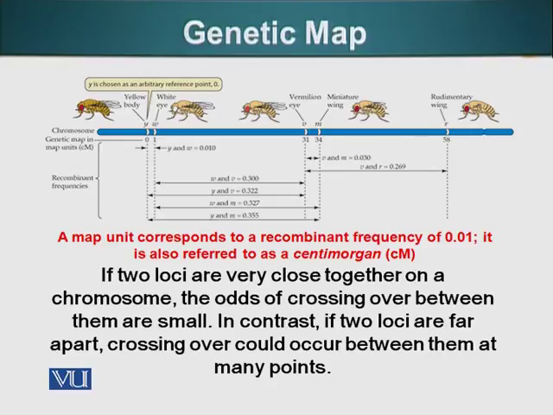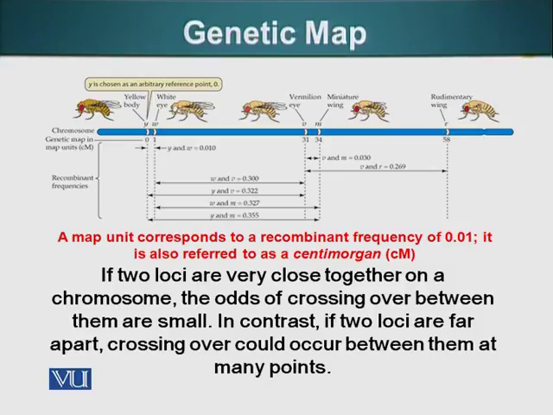We can have units for recombination frequency. We can convert this frequency into map units, and a recombination frequency of 0.01 equals 1 centimorgan. So if we do experiments and see the recombination frequency of different genes along the length of a chromosome, we can assign them relative positions.